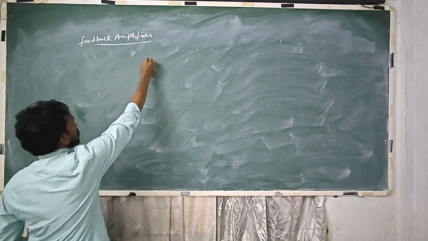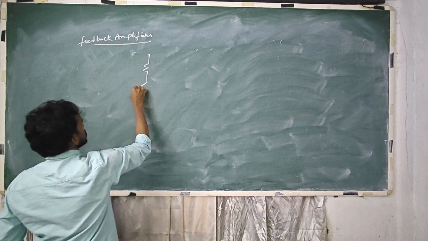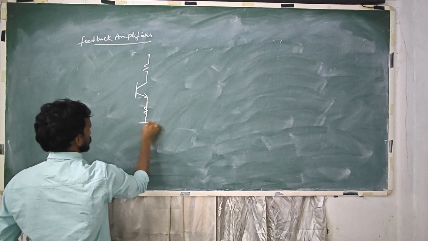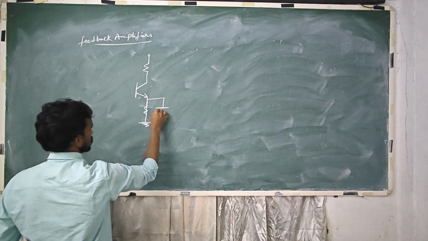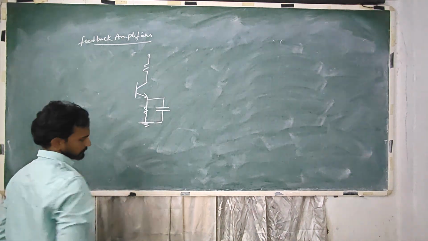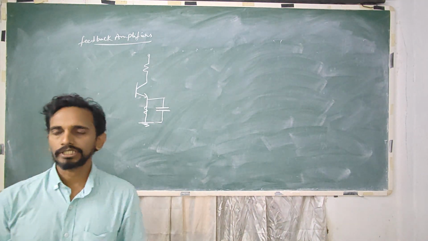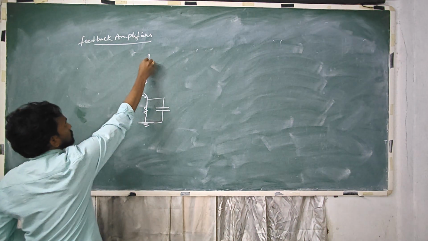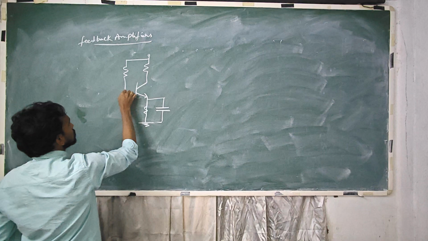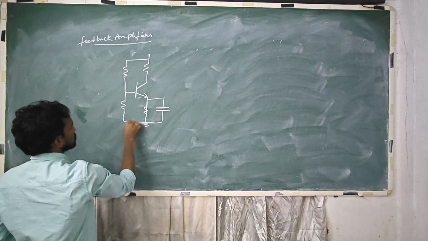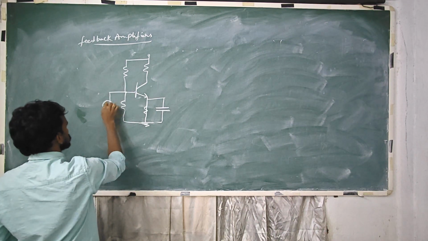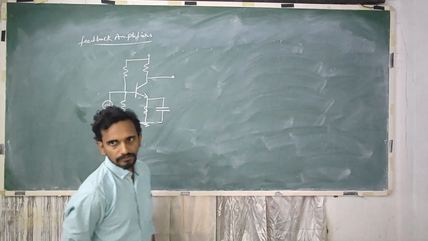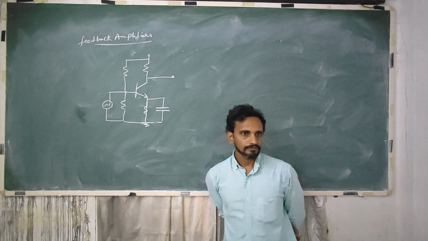So I am taking a normal transistor amplifier. So with all stabilization factors like voltage divider bias with emitter bypass capacitor, this is my amplifier.